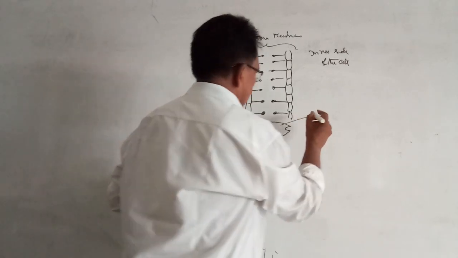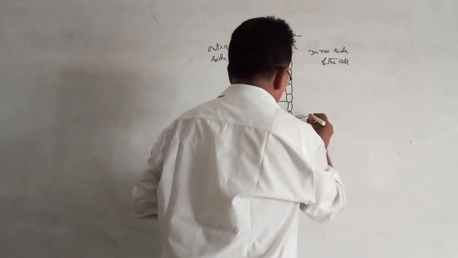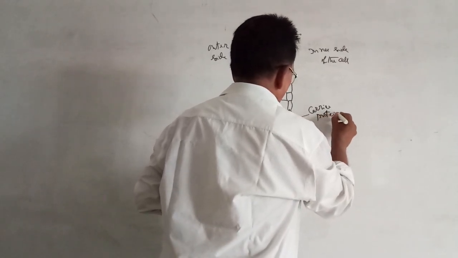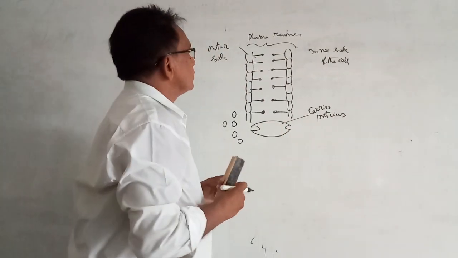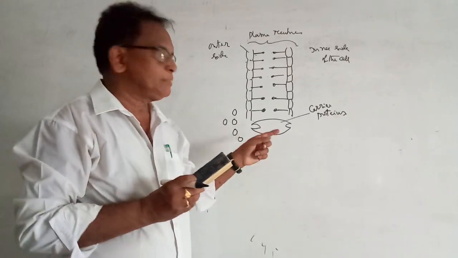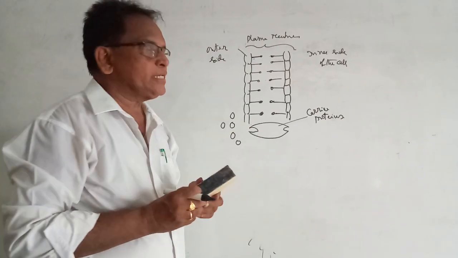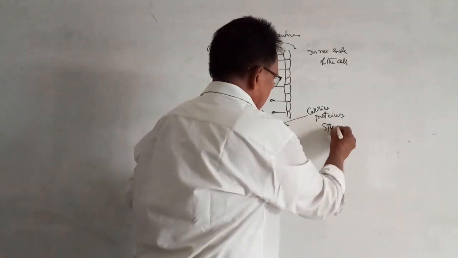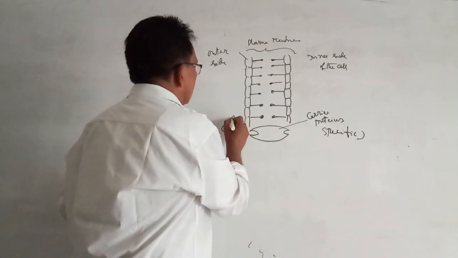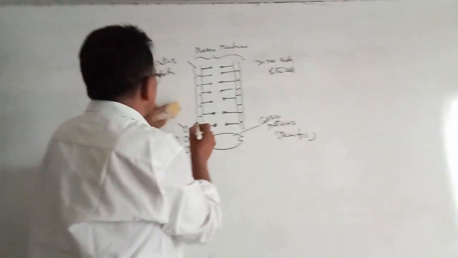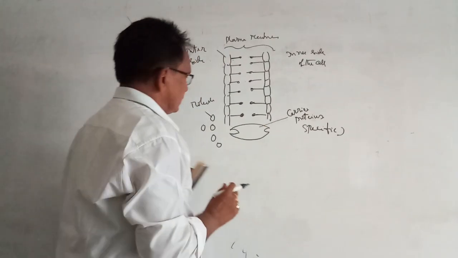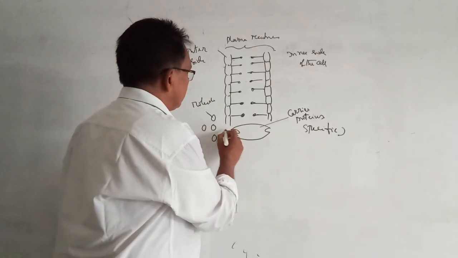This is a carrier protein. So for this facilitated diffusion, there are certain carrier proteins inside the plasma membrane, and these carrier proteins are specific for each and every molecule, whether ions or molecules. So during this process, a carrier protein picks up a molecule.